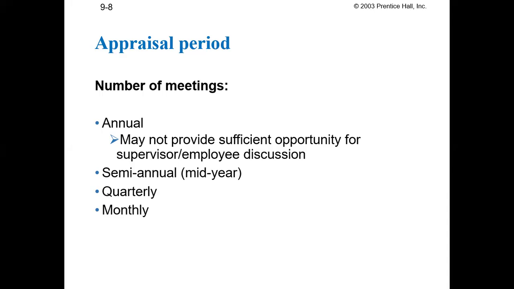This is where annually there is a meeting and your immediate supervisor would fill a form, you fill the form, and then the person is assessed. And the truth is that this does not provide a sufficient opportunity for the supervisor and employee to discuss. Just meeting once, honestly, would not help.